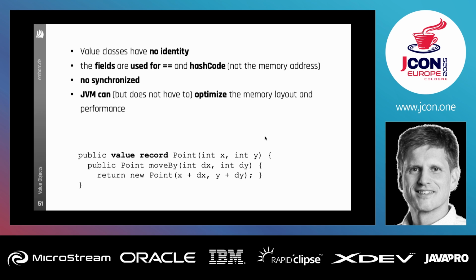The value class or value record can, like every normal class, also have methods like move by here. And there are some restrictions: it's not allowed to have subclasses of value objects, and you're not allowed to have a superclass, but you can implement interfaces, for example. Most of the time they look like normal classes, so you can define your own data types.